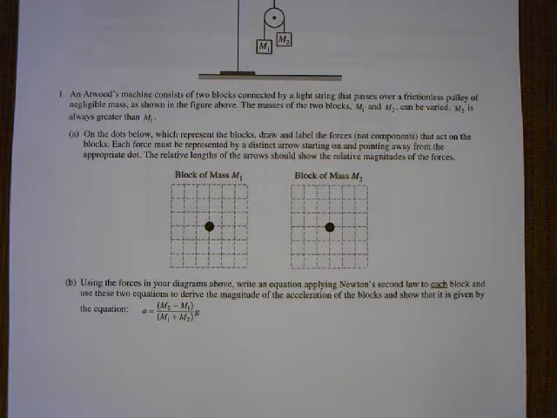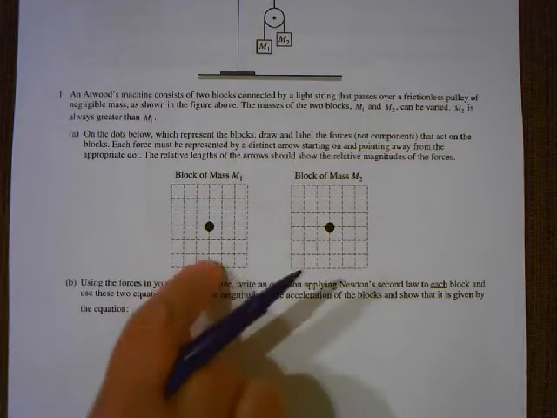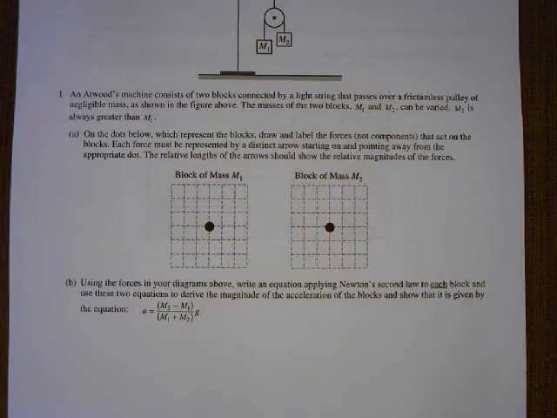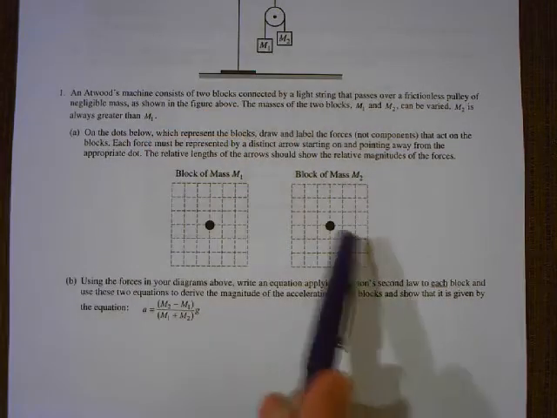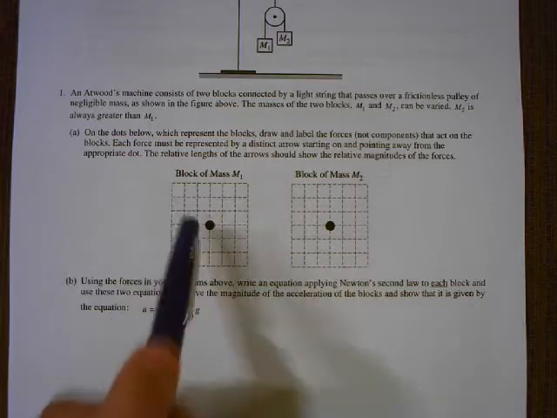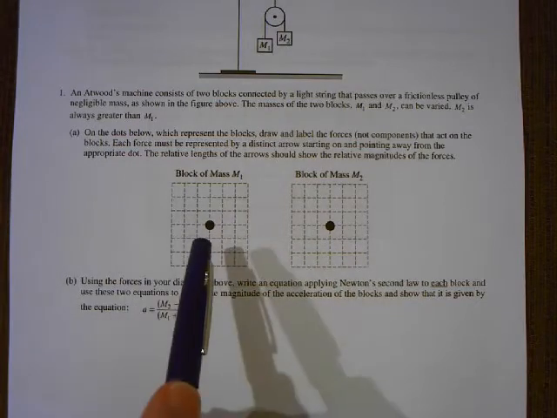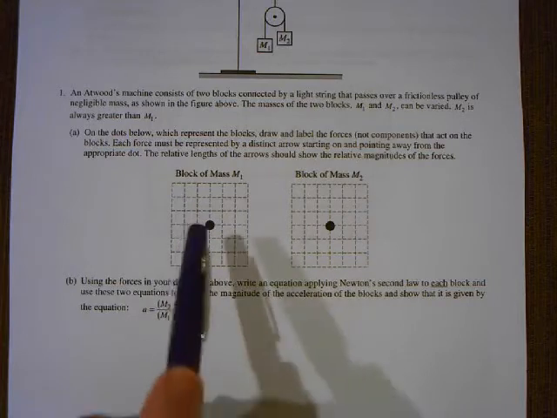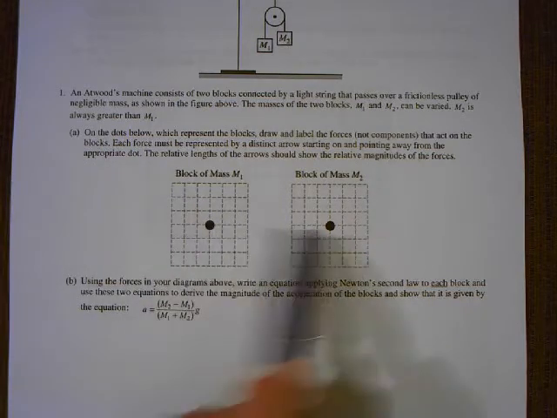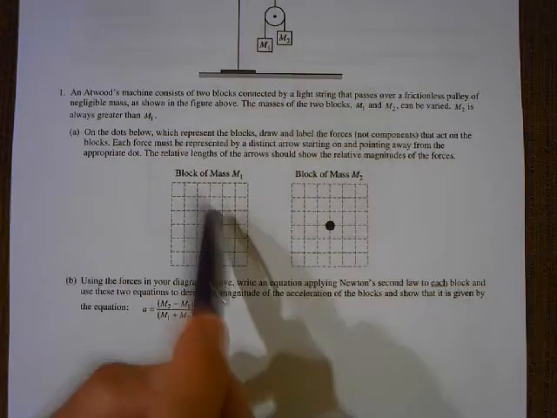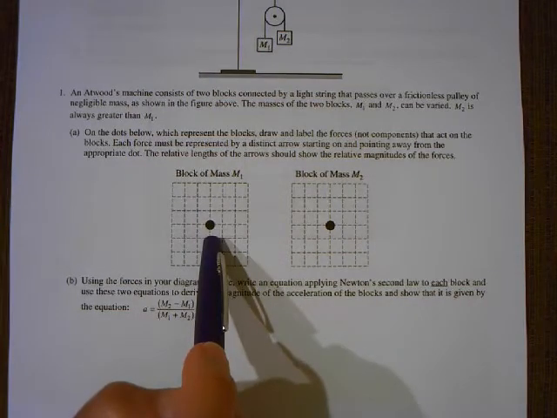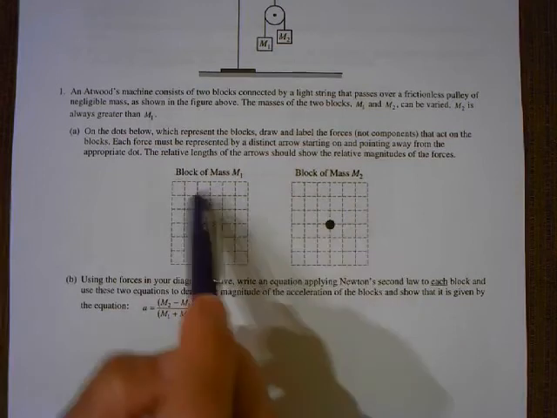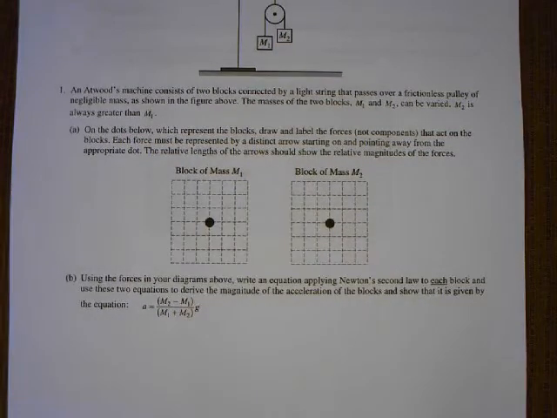Again, remember that because there's a scale here, you need to make sure, because M2 is greater than M1, that weight, remember, free body diagrams only show the forces acting, nothing else. You're going to show that the force of M2 is greater than M1, so you have to make this arrow longer than this one. And then the tension is the same, so you're going to make the tension the same.